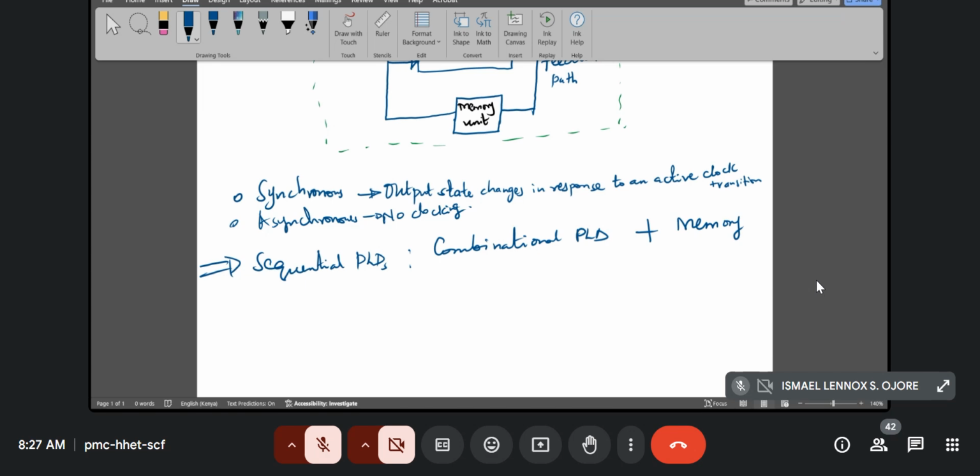The combinational PLD is basic gates that will give us the PAL, the PLA, and so forth. And the memory at the basic level will be a flip-flop. At a high level, that is what a sequential PLD is.